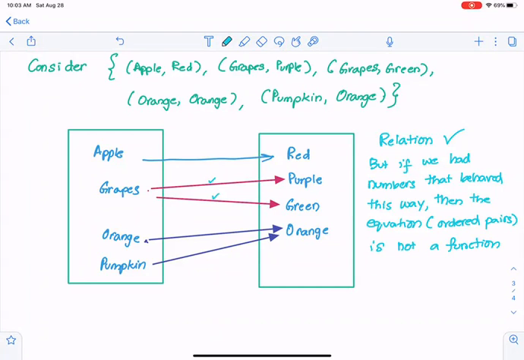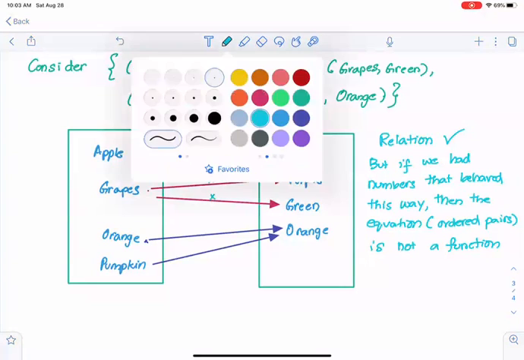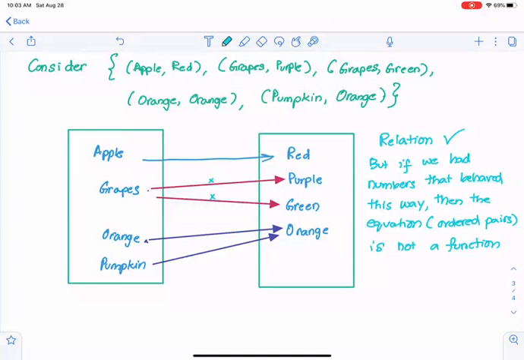If you have one x value that branches out to 2 y values, then it would not make a function.